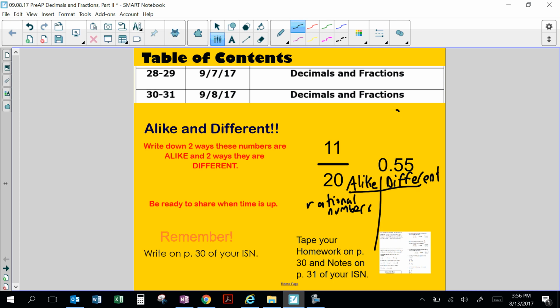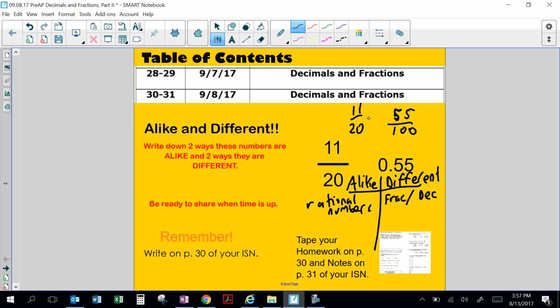55 hundredths can be written in fraction form using place value. Well, what's different? One is a fraction, while the other one is a decimal. What else can I say about this?